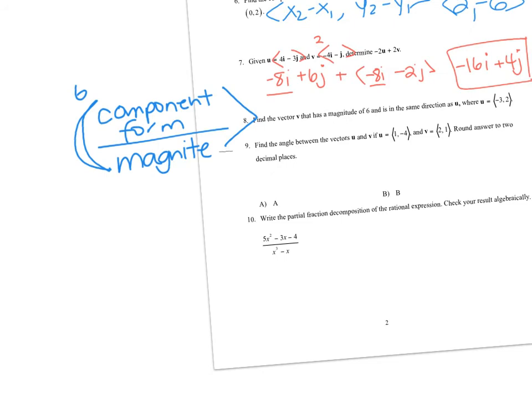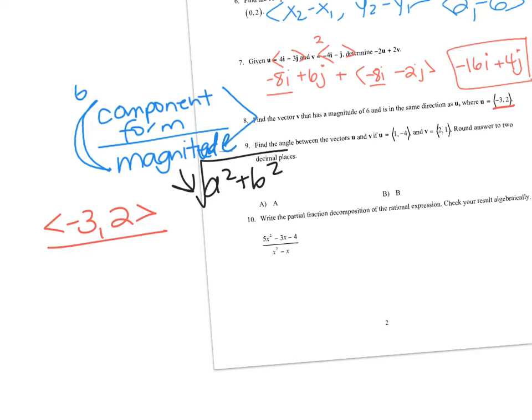So I would do, obviously the component form is here, negative 3, 2, and then over magnitude. And the magnitude is the square root of a squared plus b squared. So this would be the square root of 9 plus 4, the square root of 13.